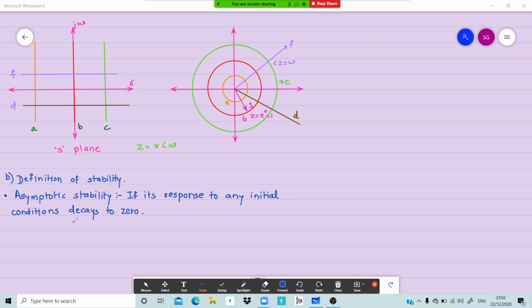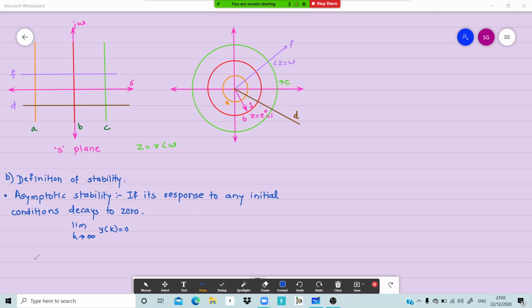That means limit k tending to infinity, y of k ultimately should become equal to 0. As the number of instances increases, the output of the system should decay.